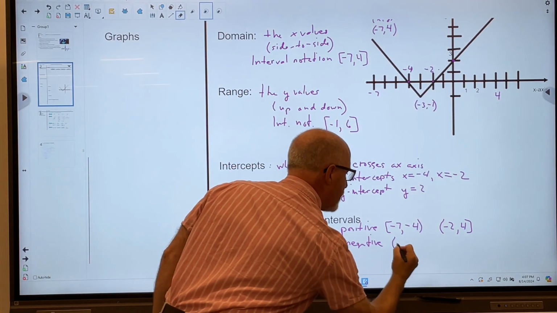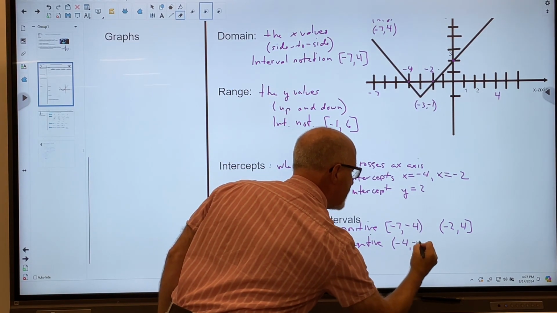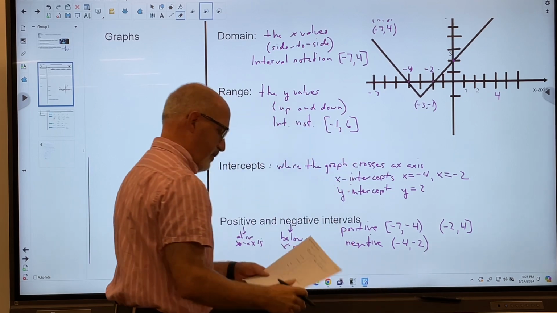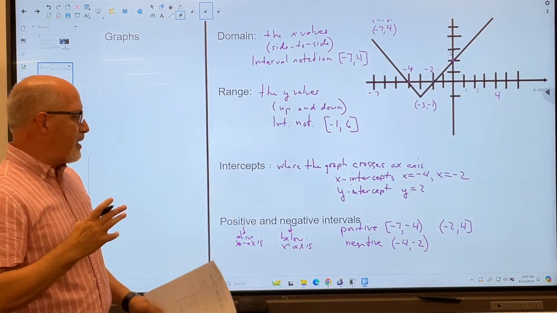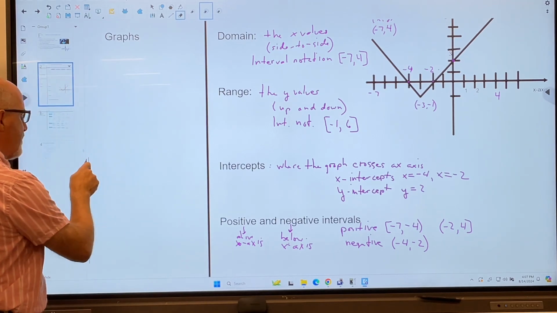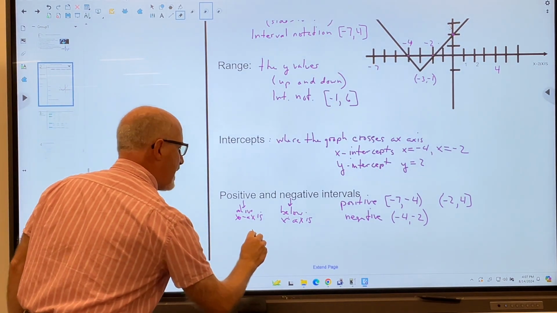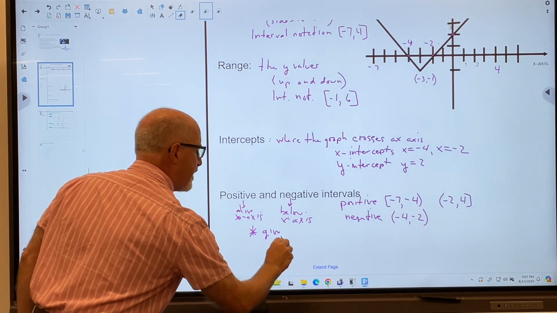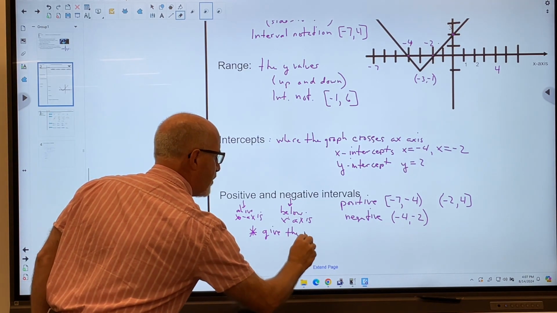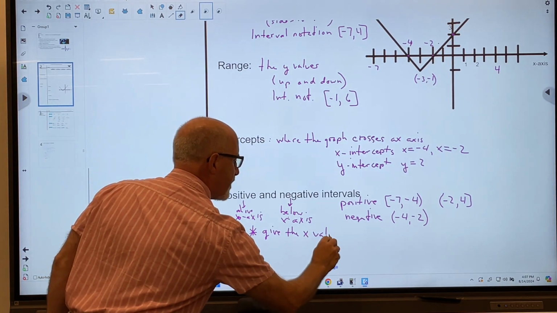So we don't include those because it's 0 at -4 and -2. All right, so what you want to make sure you do here, I'm going to highlight this: make sure you put down here for the intervals, you give the x value intervals.